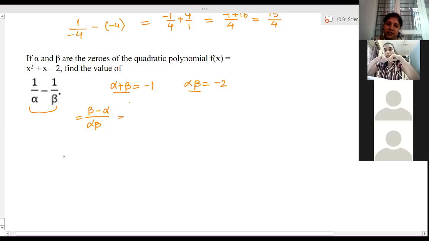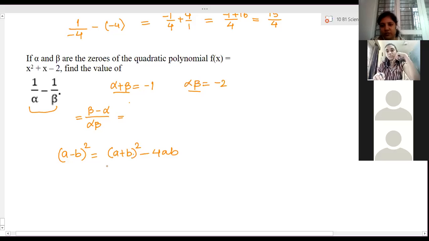The identity is a minus b whole square is equal to a plus b whole square minus 4ab. This identity we have to use to find the value of beta minus alpha. Now you will tell me how come this.